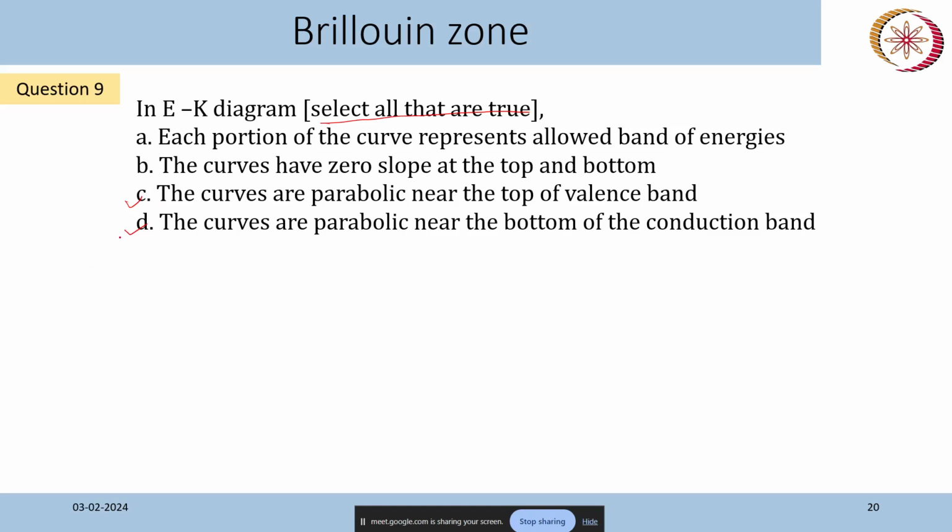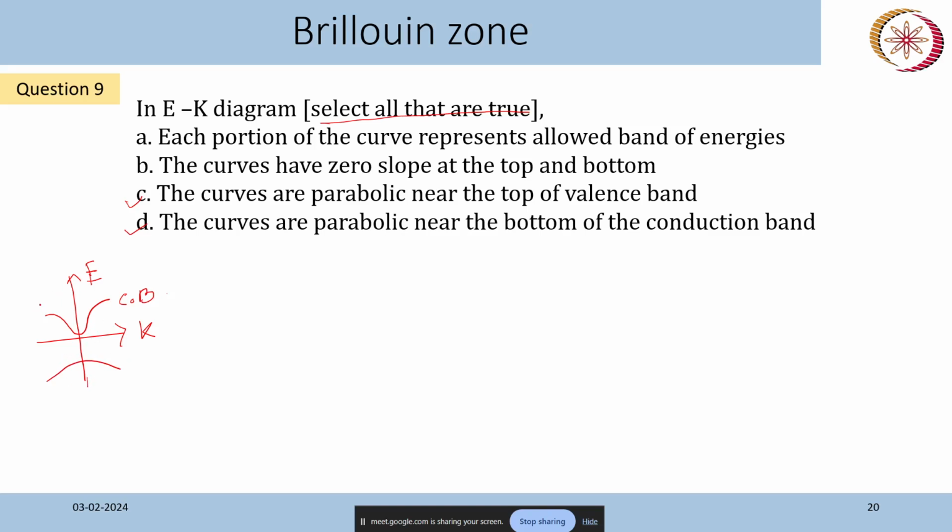So again, I will explain in terms of a 1D system, right? It is difficult to draw an EK diagram in 2D or 3D. So this is K and this is E, and typically this is the conduction band kind of, and the valence band will also have this kind of shape.